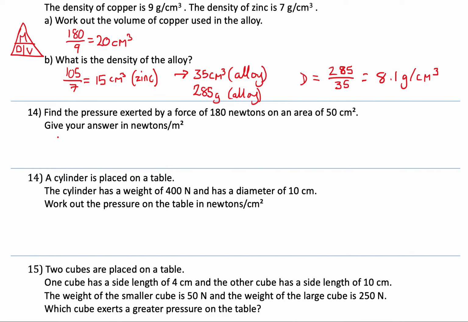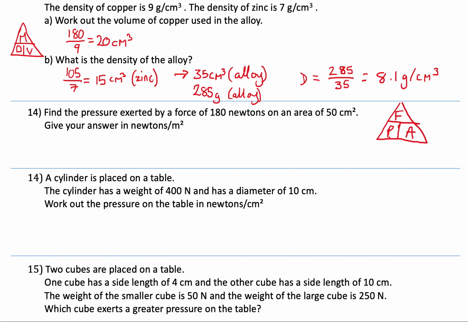Right, number 14, find the pressure exerted by a force of 180 newtons on an area of 50 square centimetres. So this is our third and final compound unit we need to know for GCSE maths. And that is pressure is equal to force applied divided by the area it is applied to.